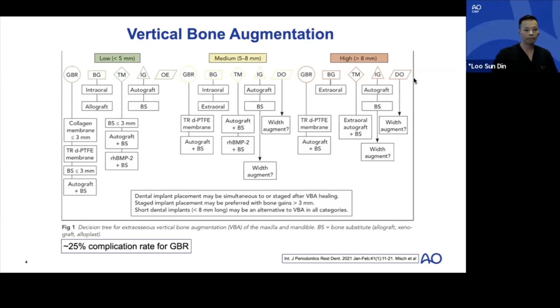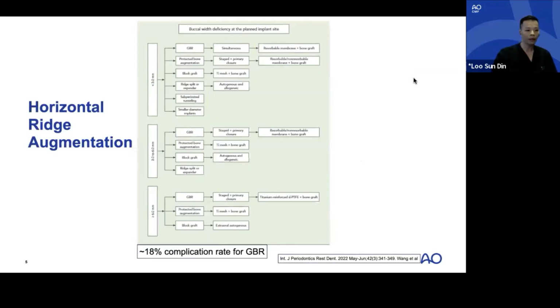Based on this review, the lowest complication rate is associated with guided bone regeneration, at roughly 25% based on his study. When we go to horizontal augmentation, it's the same thing.